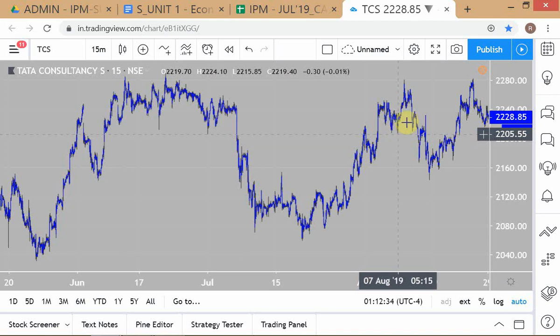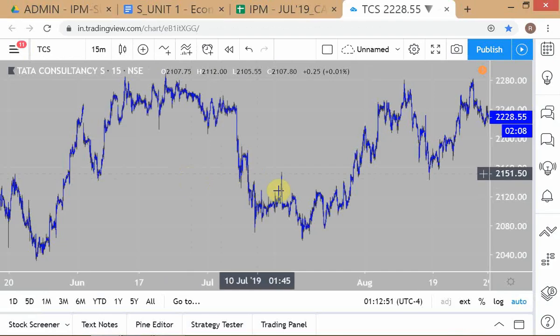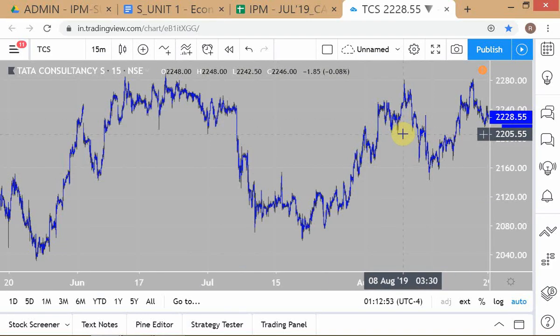So this again would have had to follow the risk per trade rules of the short-term trading system. So actually when we say risk per trade, what we really mean is risk per unique stop trigger level, because it is actually not one trade. You understand what I'm trying to say? The note is already there in your notes, but understand what it means.